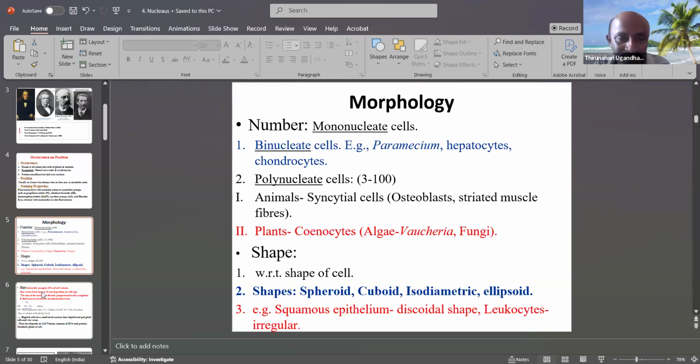Nuclei number: polynucleated cells have 3 to 100. In animals, syncytial cells such as osteoclasts and striated muscle fibers.